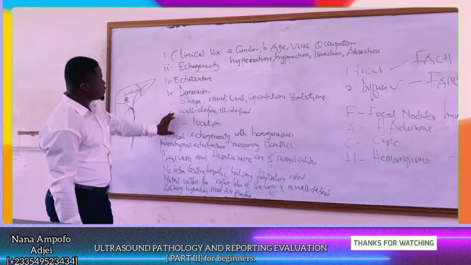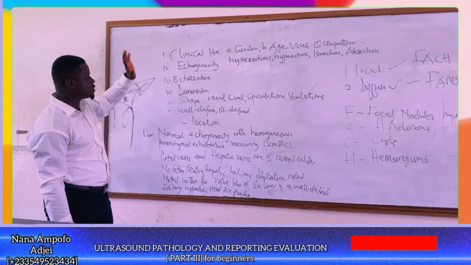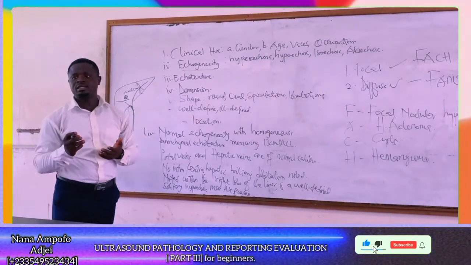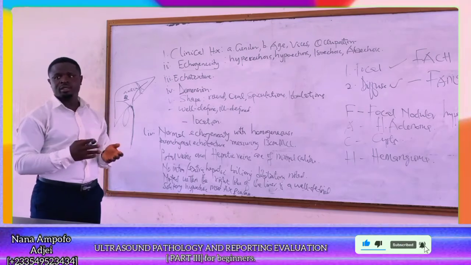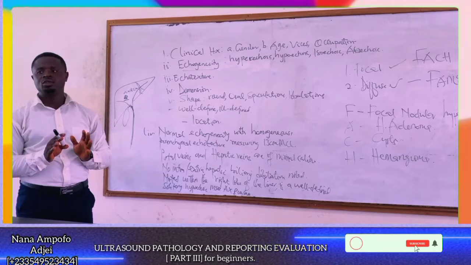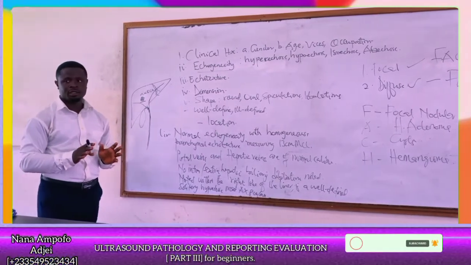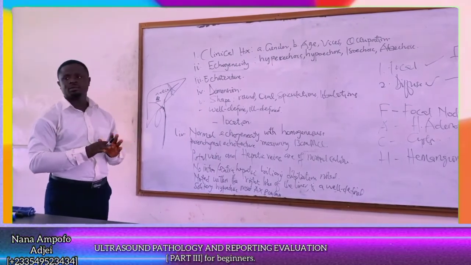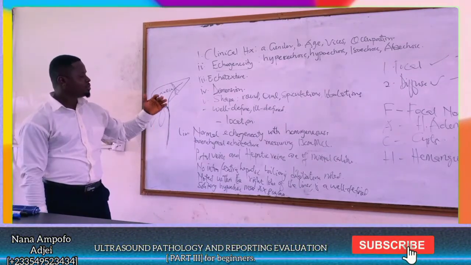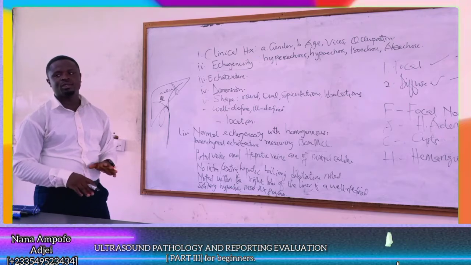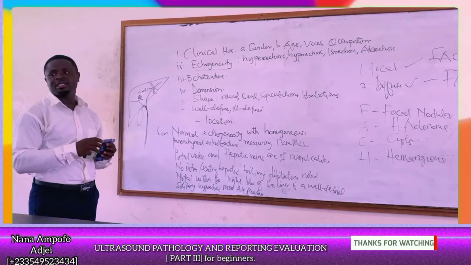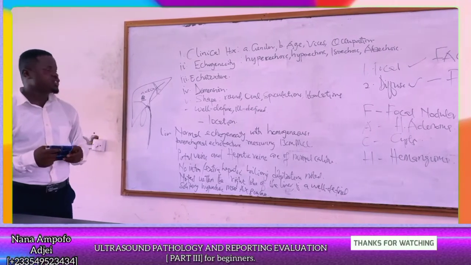Note these points are very important when you are describing pathologies. The location, is there posterior enhancement, is there posterior shadowing? You should factor all those points into view. If it is heterogeneous, you should be able to identify posterior enhancement and posterior shadowing.